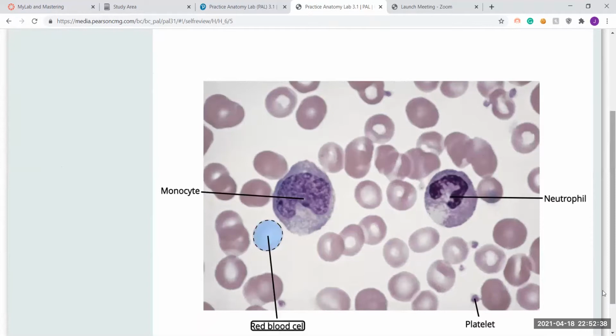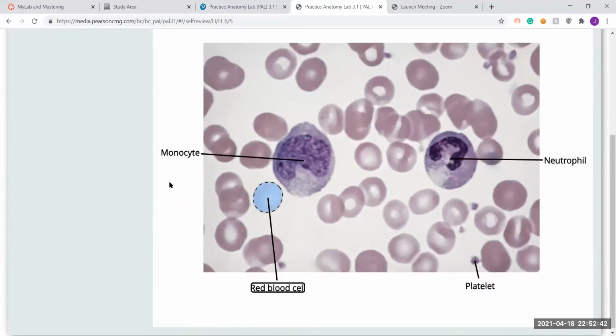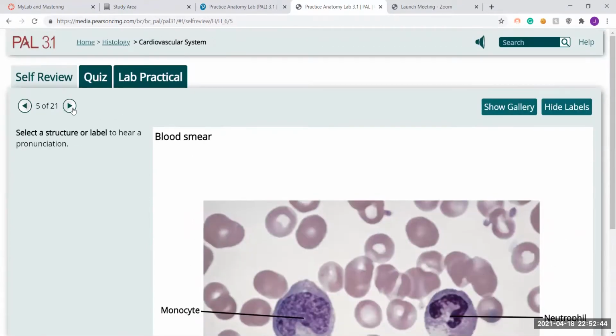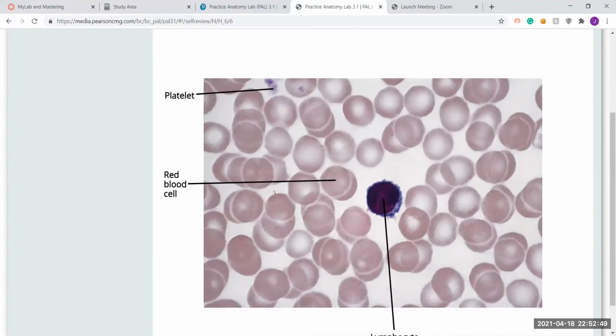Again, monocyte, neutrophil, red blood cells, platelets, the same cells. You need to identify these cells for the exam purpose. It is a lymphocyte. You can see the lymphocyte cell, the whole cell is pretty much packed with dark nucleus. So their nuclei are the largest.